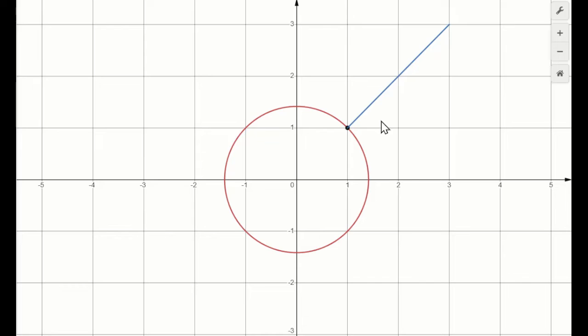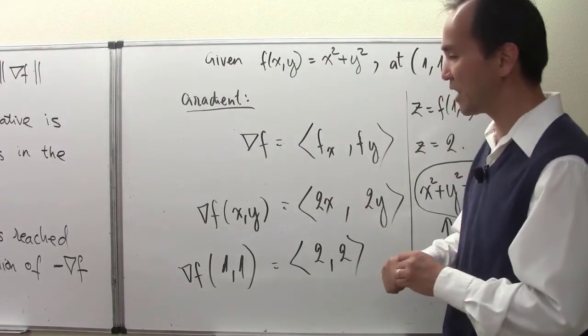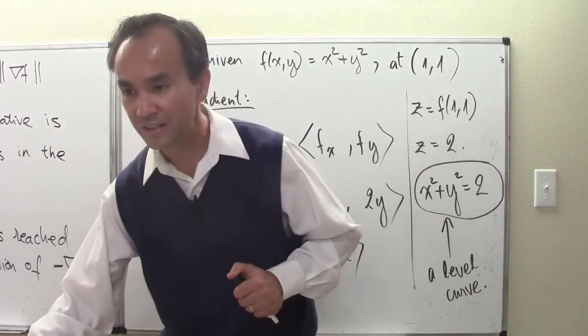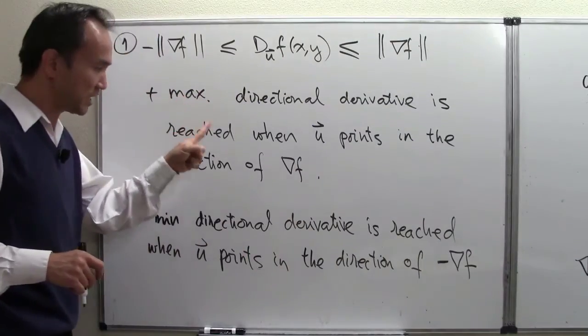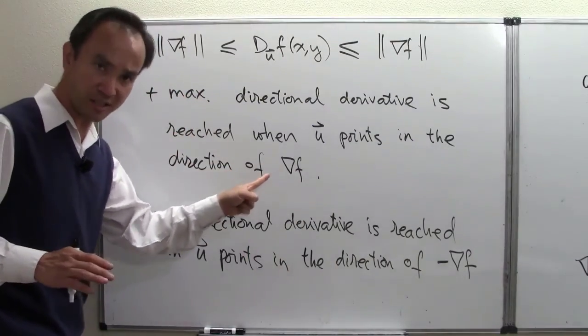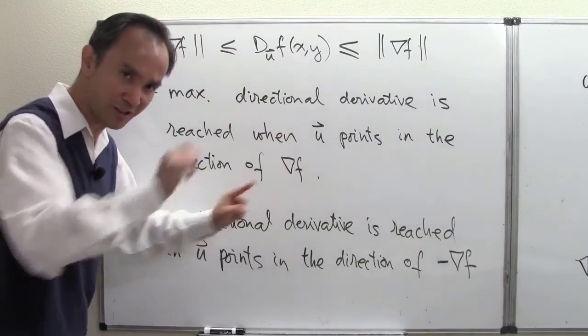All right, and this is the reason why, think about it, with the gradient vector like that, we have many other directional vectors coming out from this point, all around it. And this is the reason why, back on my board, I was saying earlier that we can only reach the maximum anytime the directional vector points in the exact direction of the gradient vector, which was demonstrated on the screen earlier.